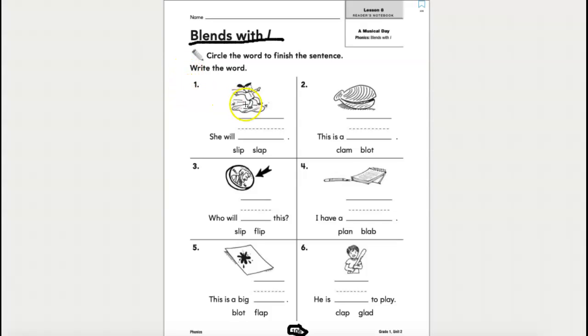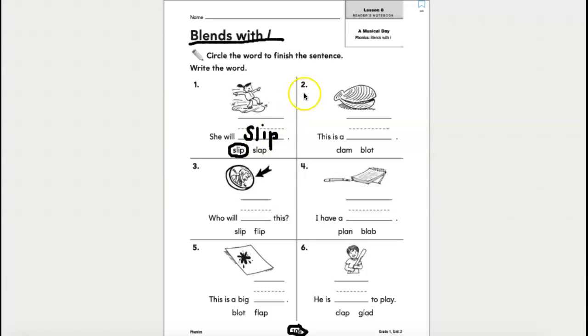Now let's go over each of your answer choices for our activity. On number 1, we should have said, she will slip. Because it looks like she is slipping on some ice. So in the blank, we should have written the word slip.